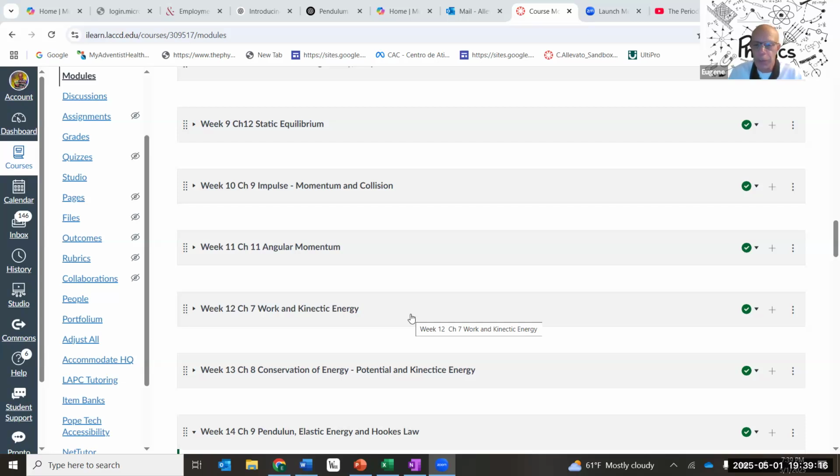Conservation of energy also, we discussed the relationship between potential energy and kinetic energy. Potential energy, when we raise an object from the ground, as it goes up, potential energy increases, right? And when we let it go, it converts potential energy into kinetic energy.